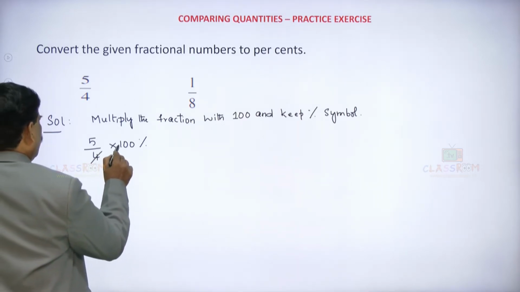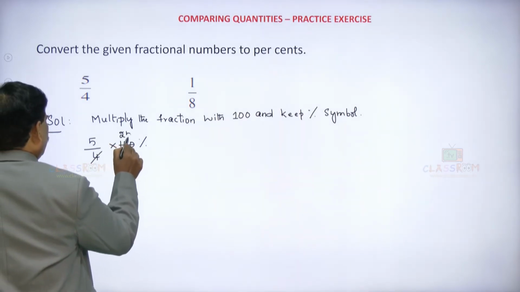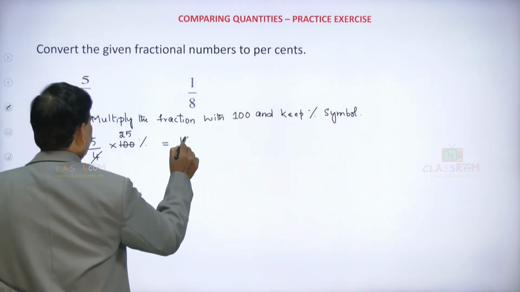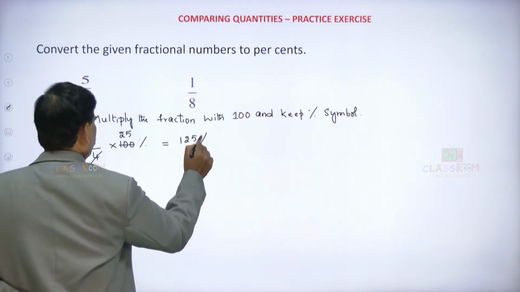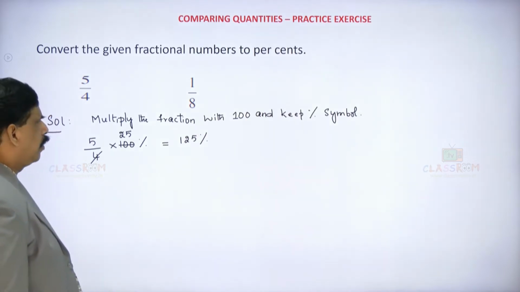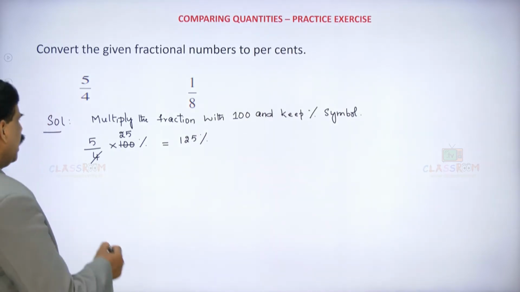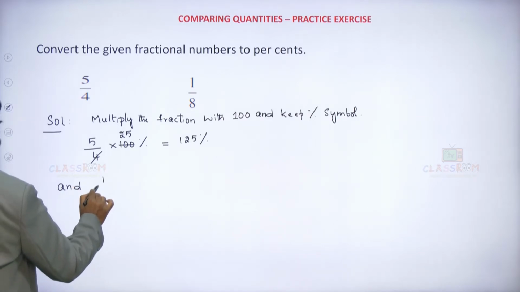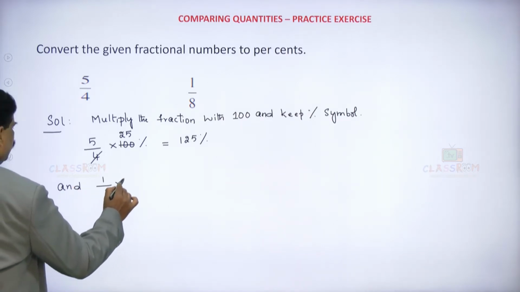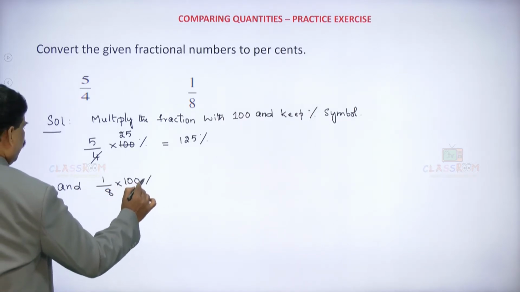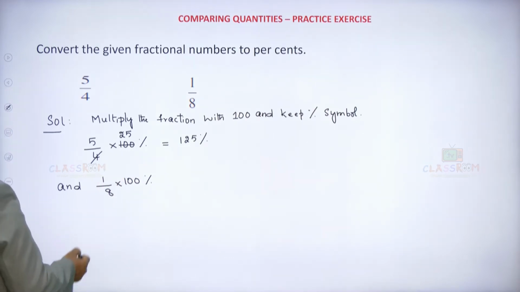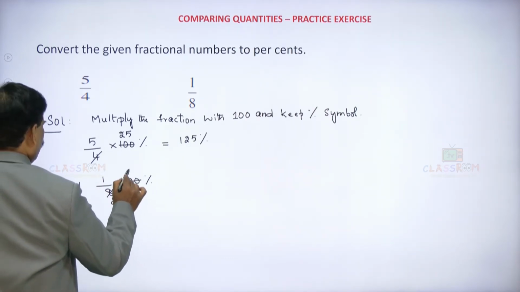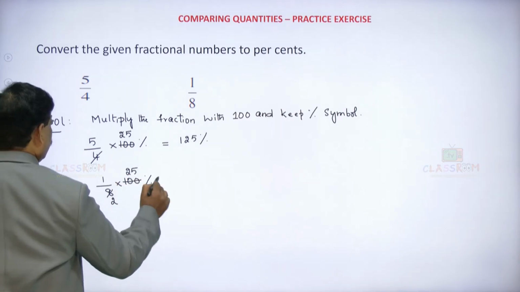So now 4 ones are 4, 4 25s are 100. So 25 into 5, 125 percentage. That is 5 by 4. And we have 1 by 8. This is multiplied with 100. So let us simplify now. 4 2s are 8, 4 25s are 100.